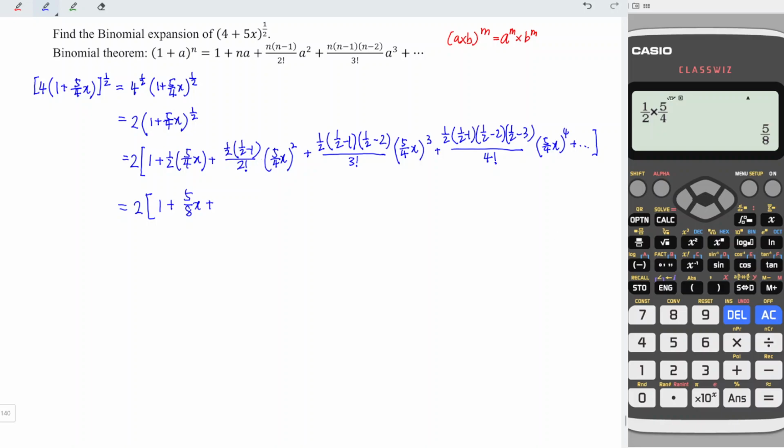So we times bracket 1 over 2 minus 1 divided by, this is 1 factorial, so we have extra 1 times 2, which means divide 2. And we times, this is power 1, but this is power 2, so 5 over 4. And we press equal, we should obtain the correct value. So negative 25 divided by 128 x to the power 2.